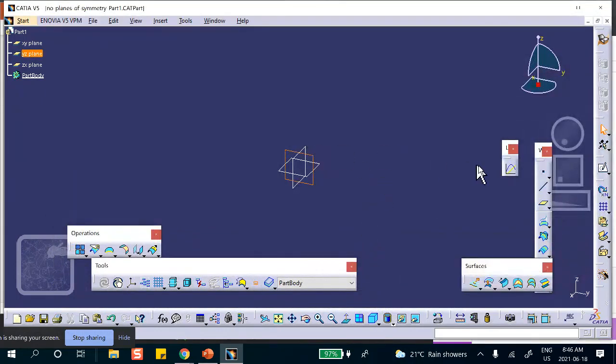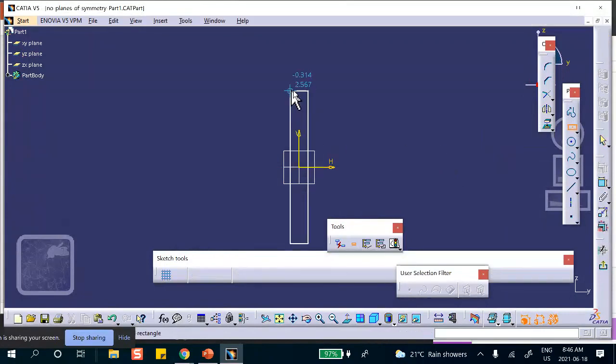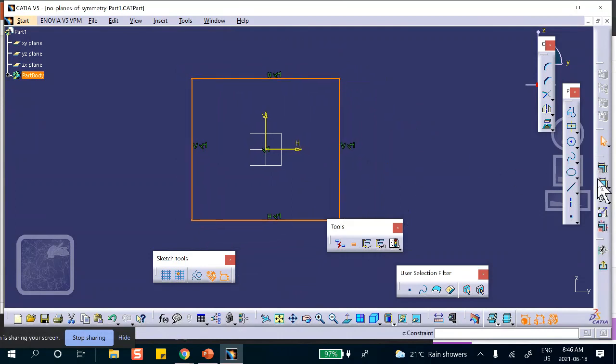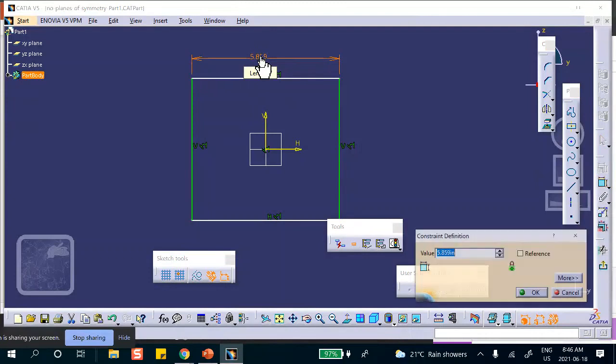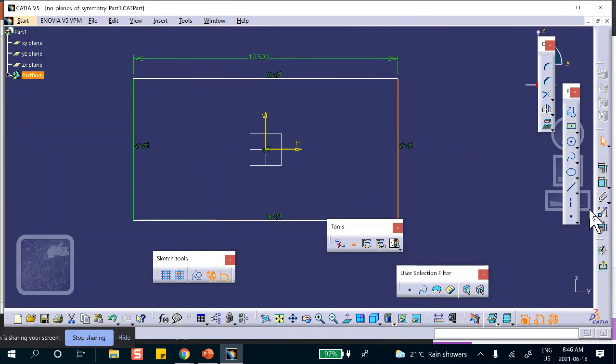So on this plane, I will sketch the rectangle, square actually, of size 10.5 by 10.5. So this is 10.5, and this is 10.5.